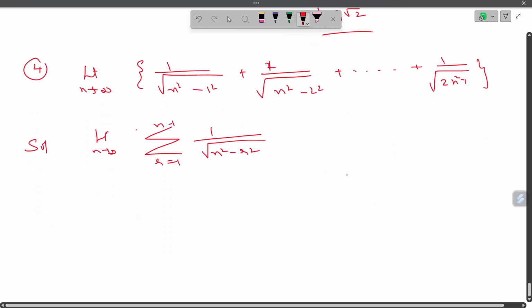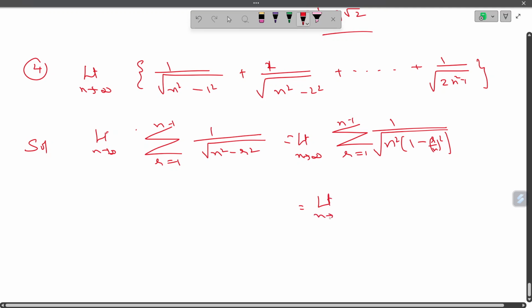See here this one, limit n tends to infinity, r equal to 1 to n minus 1. If you take n square common outside, this is 1 by n, under root 1 minus r by n whole square.